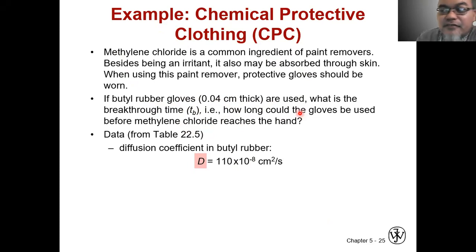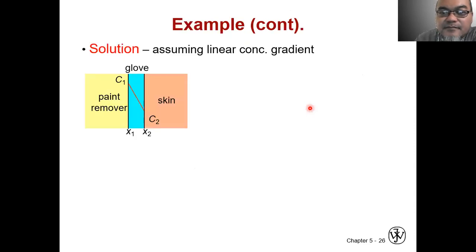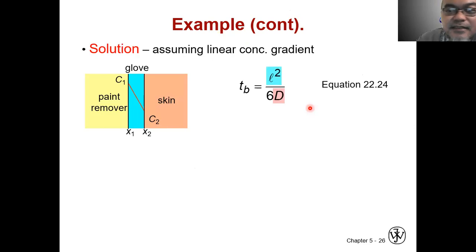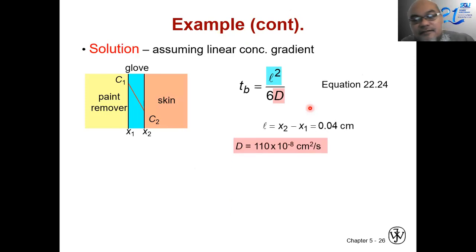The diffusion coefficient is known. This is the diffusion coefficient of methylene chloride inside butyl rubber glove, 110 times 10 to the power minus 8 square centimeter per second. If we assume a linear concentration gradient, then TB, the time, will be equal to L squared divided by 6D, 6 times the diffusion coefficient.